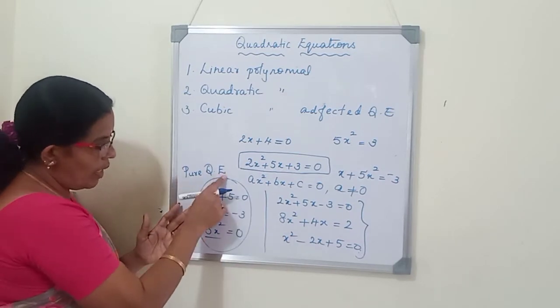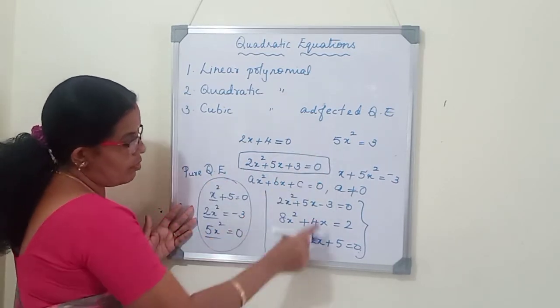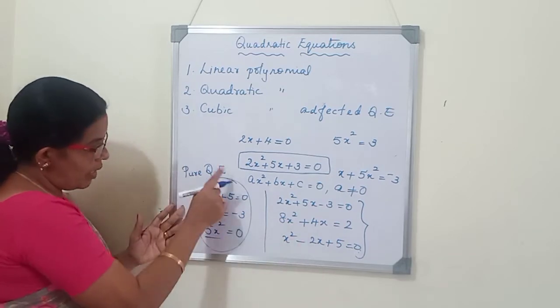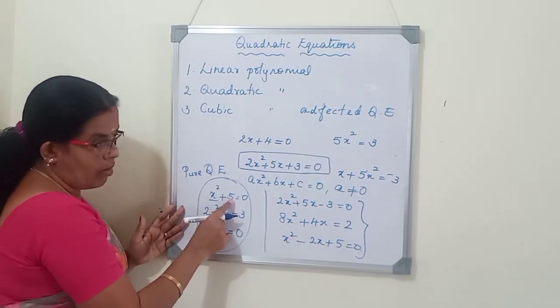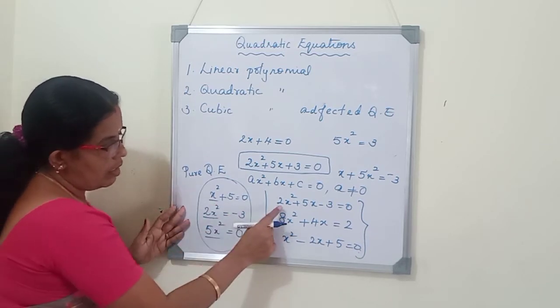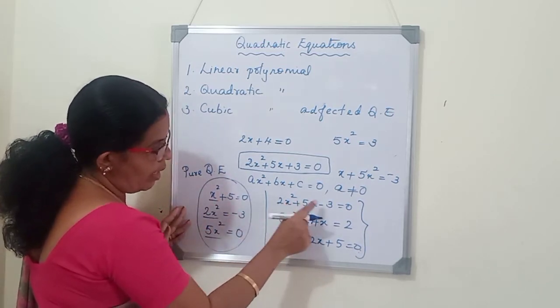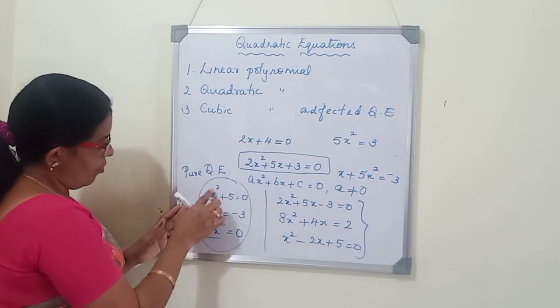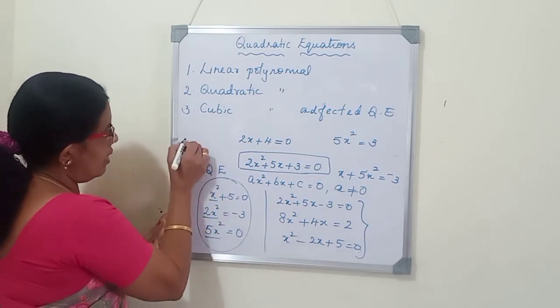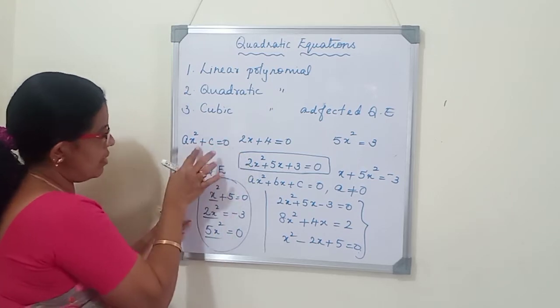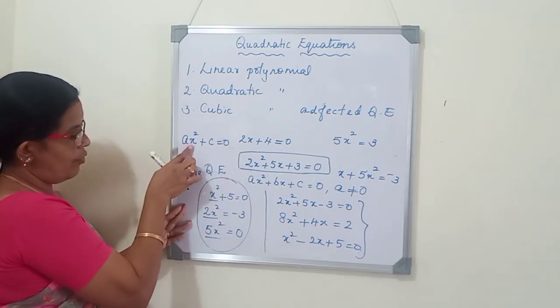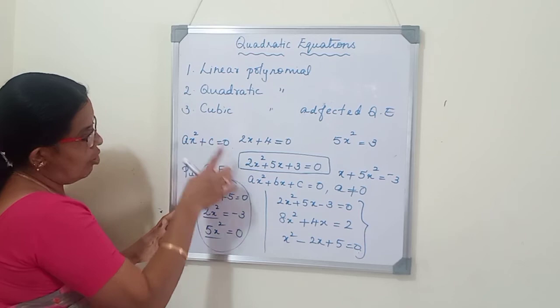One is pure quadratic equation and the other is adfected quadratic equation. Pure quadratic equation has only degree 2. Degree 1 will not be there, or variable x is not there. Here variable x square and x is there. So the general form of a pure quadratic equation is ax square plus c equals 0. X term is not there. a is the coefficient of x square and c is the constant.